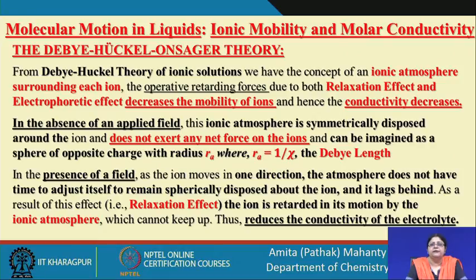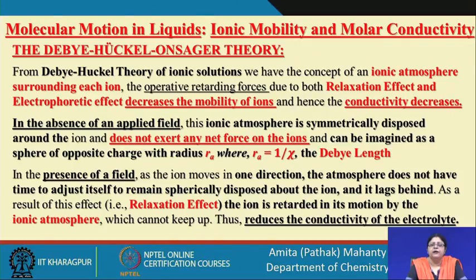Let that radius be R A. Let us call the radius of the ionic atmosphere surrounding the central ion R A, which can be given as 1 by chi, with chi as the Debye length. So, we have defined R A as a new parameter.